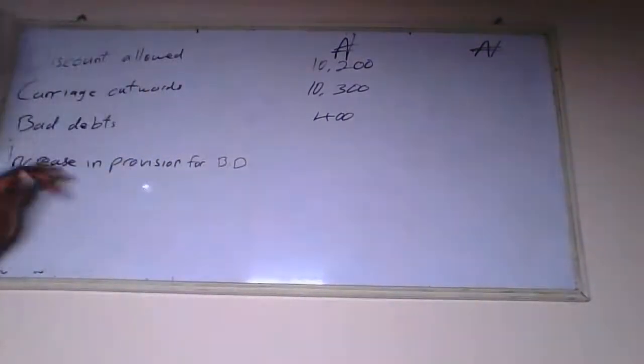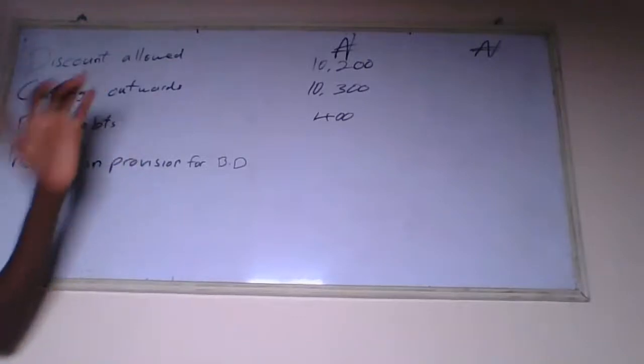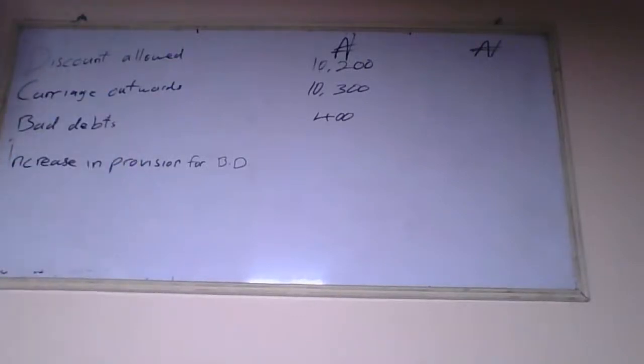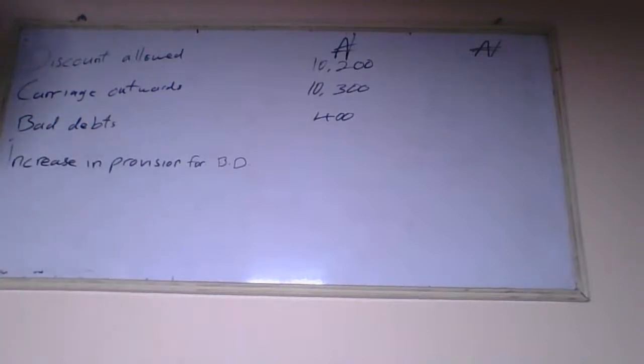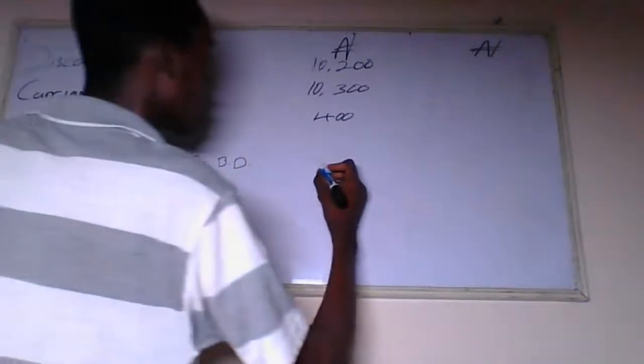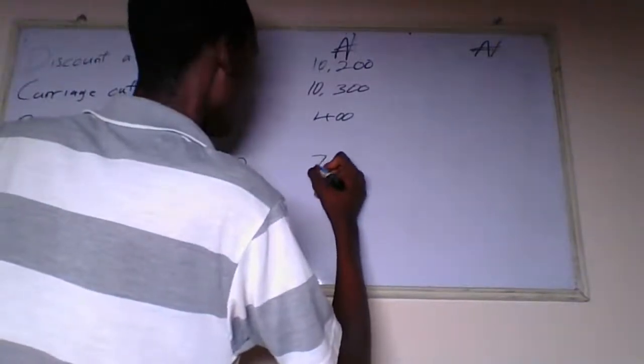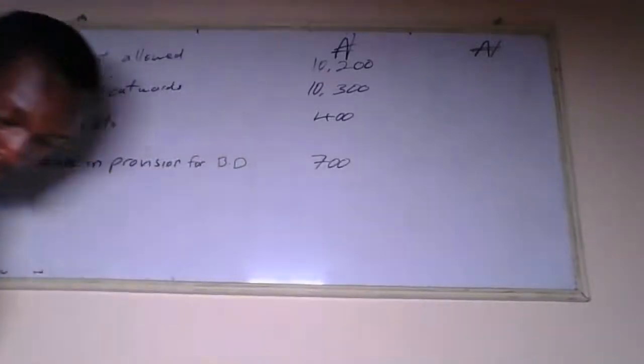In a question where the debt is reducing, you're going to minus, because bad debt is an expense. So when the provision increases, you add it to your expenses, and when it reduces, you're going to deduct it from your expenses. So now give us a second.